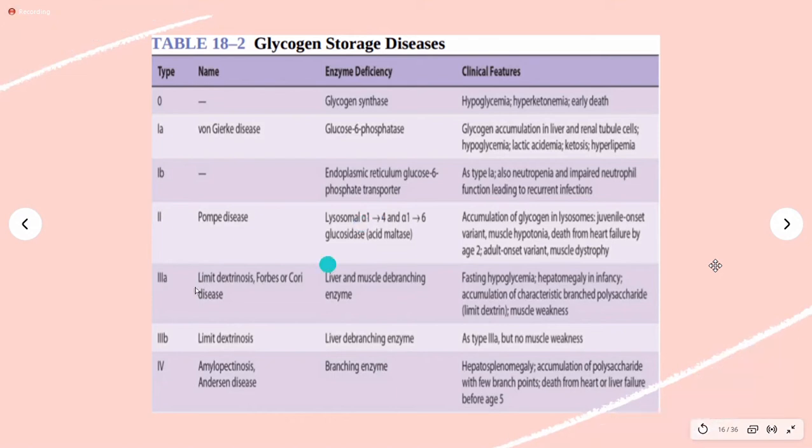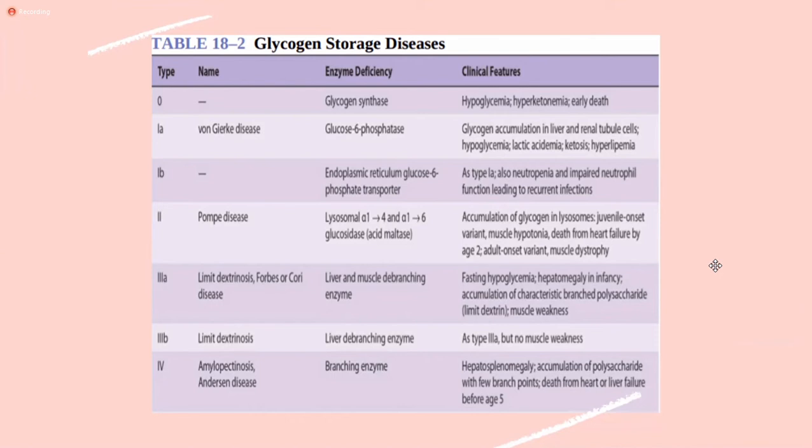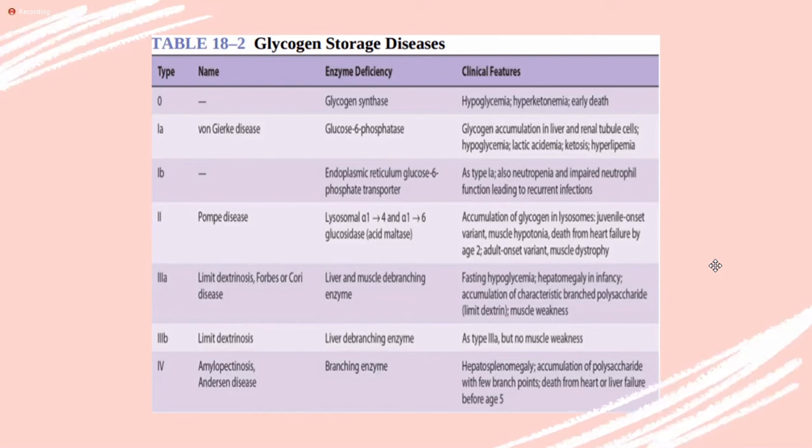Then you have limit dextrinosis or Forbes disease or Cori's disease. It is a liver and muscle debranching enzyme deficiency. So the debranching enzyme. You will have a glycogen tree in which there's a branch, even one residue of glucose there.